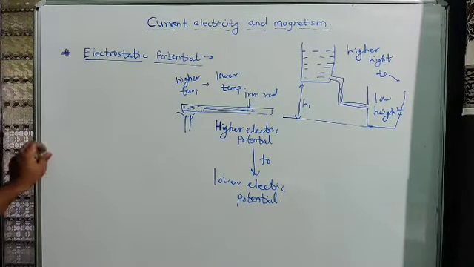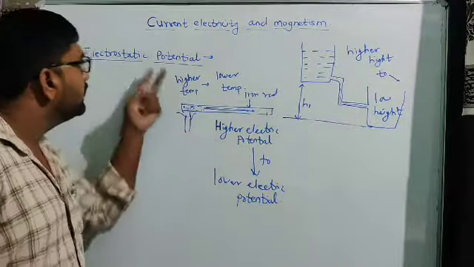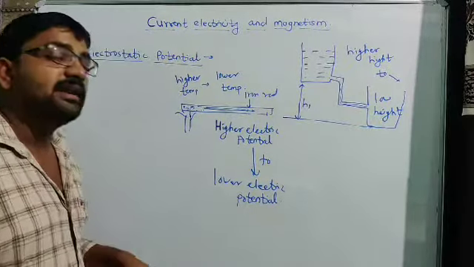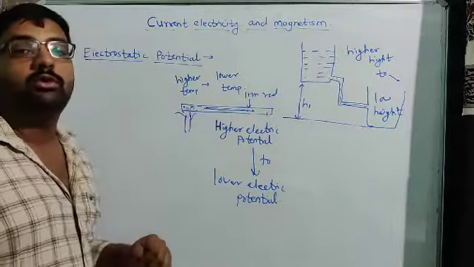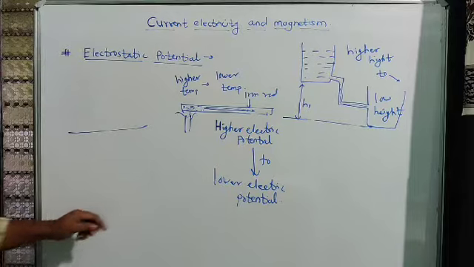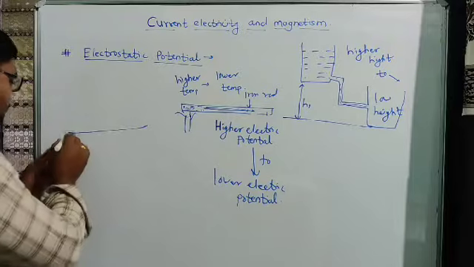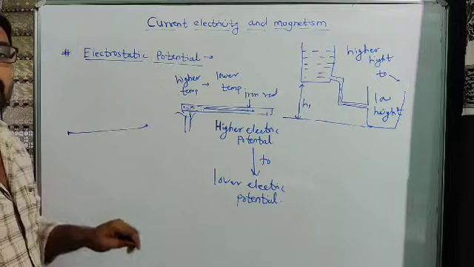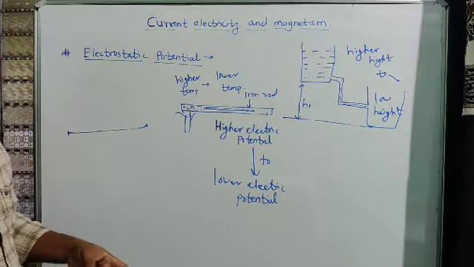These charges also need a difference, a difference of this potential. So charges always flow from higher electric potential to lower electric potential. Suppose we take only a wire, and all charges are at the same electric potential, here and here, both having equal electric potential, then charges will not flow.